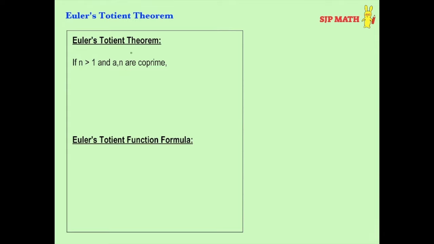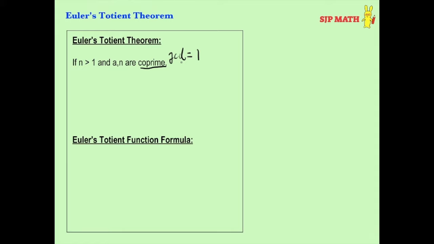So Euler's totient theorem states that if n is an integer larger than 1 and another integer a and n are coprime, and again, coprime here means the same thing as relatively prime. I just use another word here because coprime and relatively prime are the same thing, and they both mean that the two numbers have a GCD of 1.